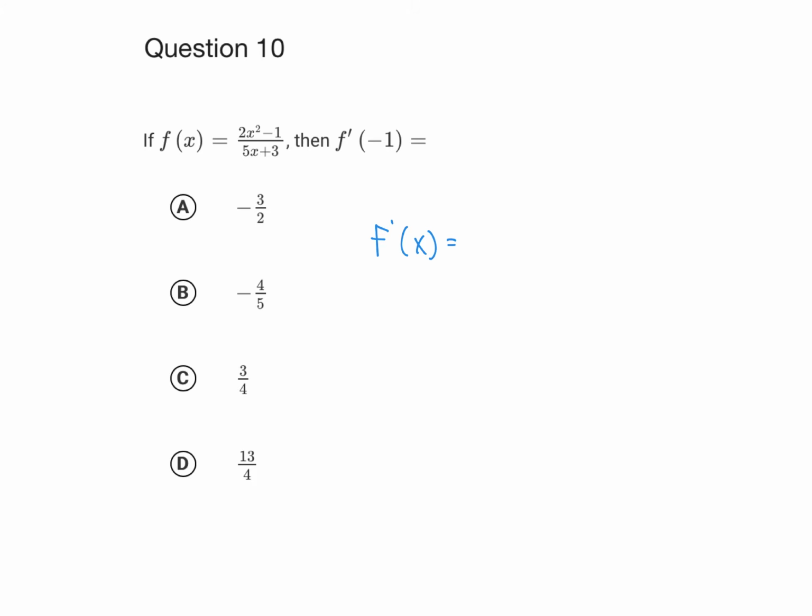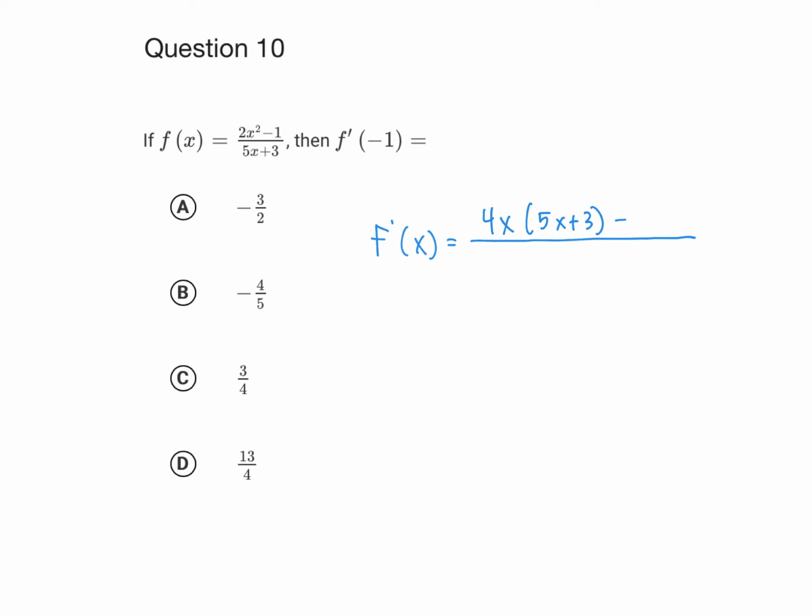When you do quotient rule, you always start off with the derivative of the top first. So the derivative of 2x squared minus 1 is just 4x. The minus 1 is a constant, so that goes to 0. And then we'll multiply that by the bottom, just rewrite the bottom.